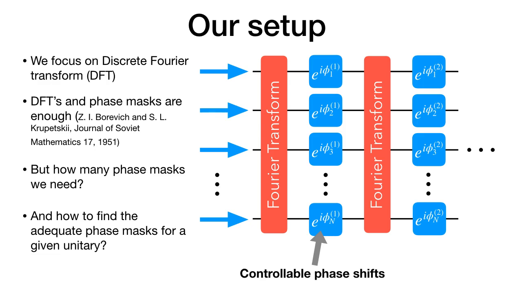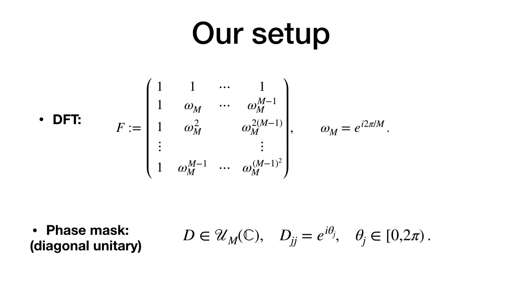And we also would like to give a procedure to find the adequate phase shifts to implement any unitary. Mathematically speaking, the discrete Fourier transform can be represented by a matrix that I present here. And the phase mask is just a diagonal unitary, so it's just a matrix that is diagonal and whose diagonal elements are complex phases.